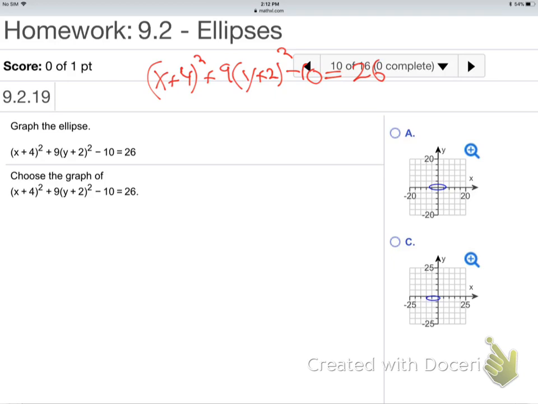So you know what to do. So add 10 to both sides.